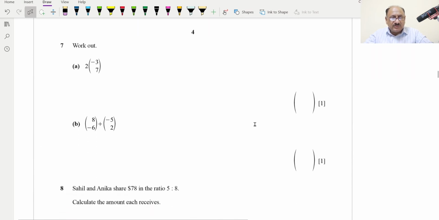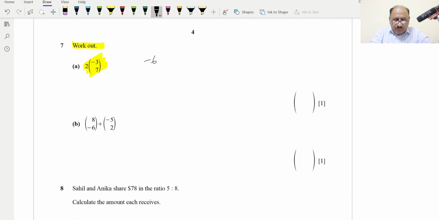Now question number 7. Question number 7 is a matrices question. Basically, we have to work this out. 2 will be multiplied by each and every member of the matrix, so 2 into minus 3 will be minus 6.